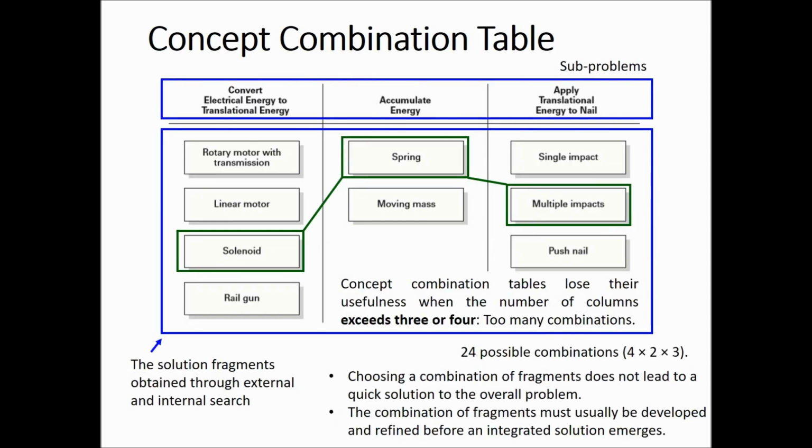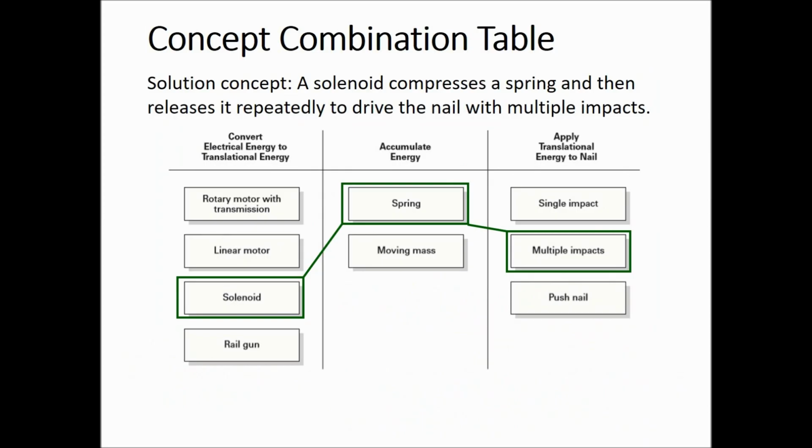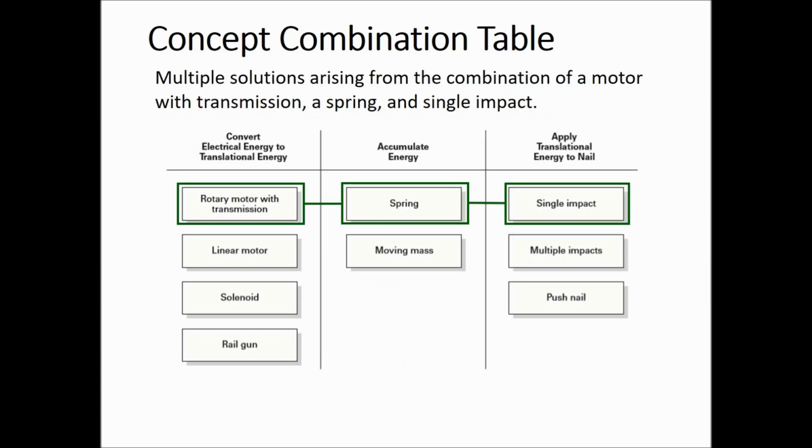As I said earlier, each combination provides you a concept for your problem solving, and one combination is solenoid, spring and multiple impact. So you can think about how we could combine these three options and provide a solution technically. And one other combination would be rotary mass with transmission, spring, and single impact.